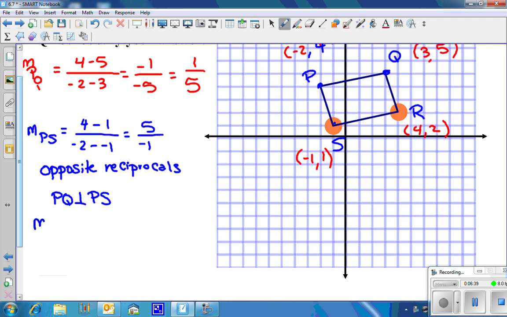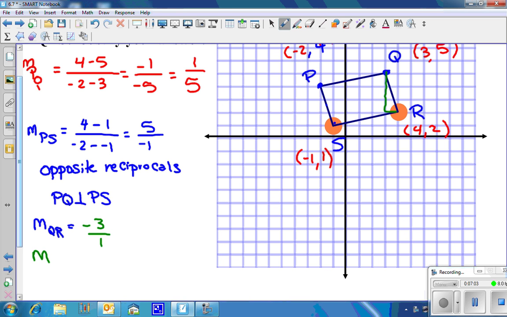I'm going to do the slope of QR and RS. So the slope of QR, and what you can do, it might be quicker, is I went down 1, 2, 3 over 1. So down 3 over 1. So it's a -3 over 1 for that.